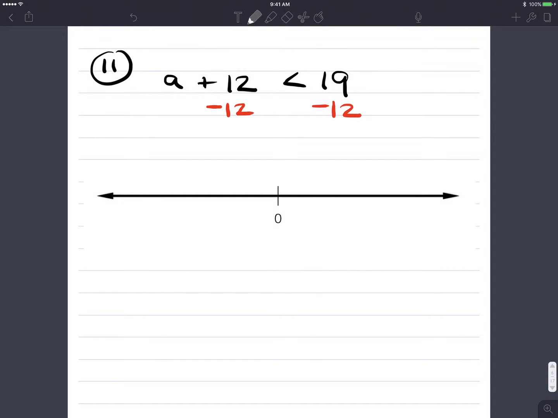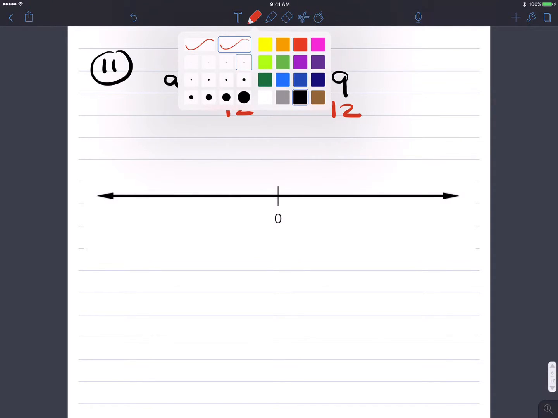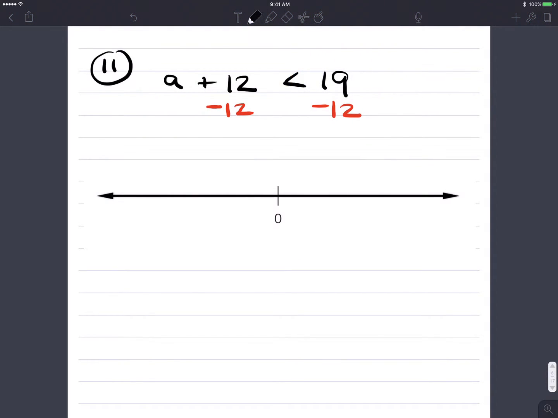We want to preserve our balance, so what we do to the left, we have to do to the right. On the left side, we simply have A. The positive 12 and the negative 12 cancel. We have A is less than 19 minus 12 on the right side of the inequality, and 19 minus 12 is 7. We have actually solved the inequality.